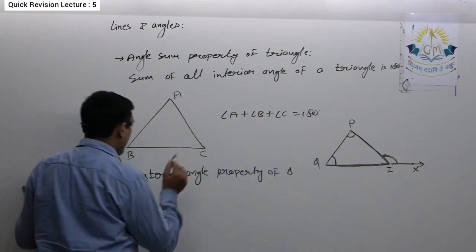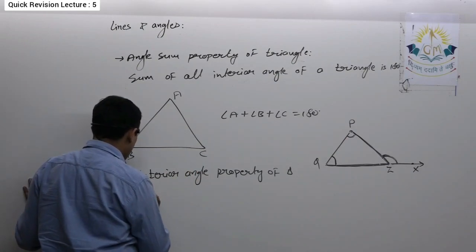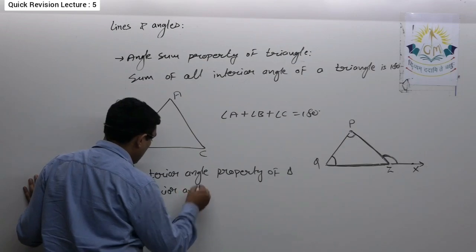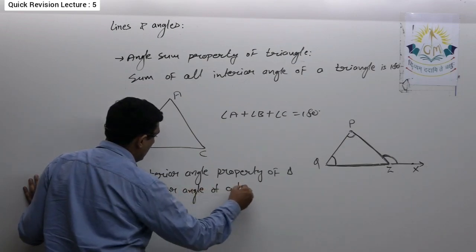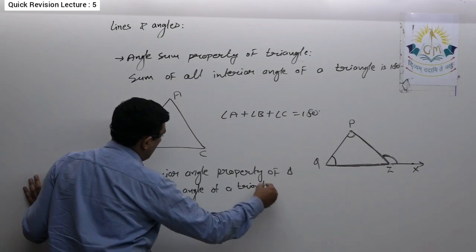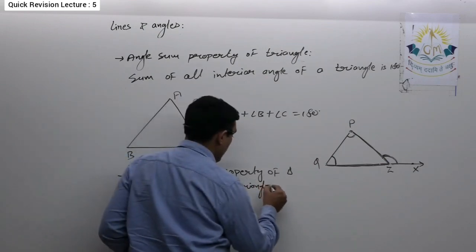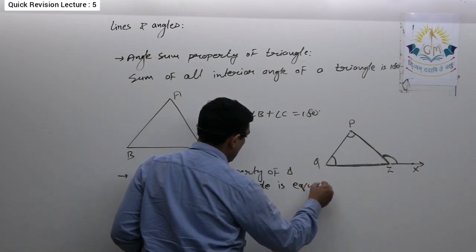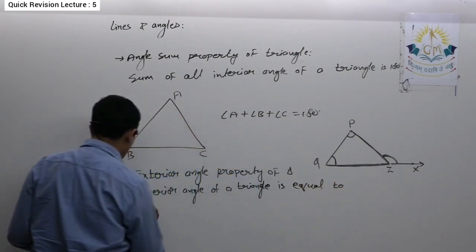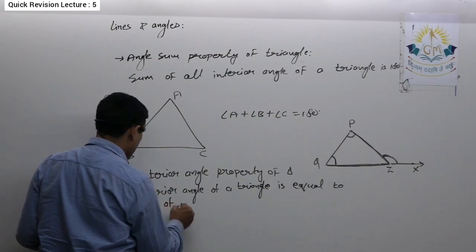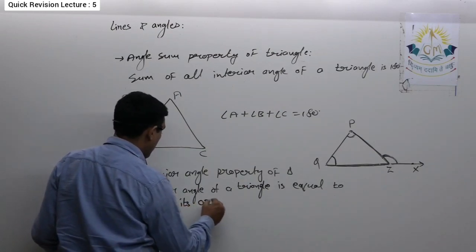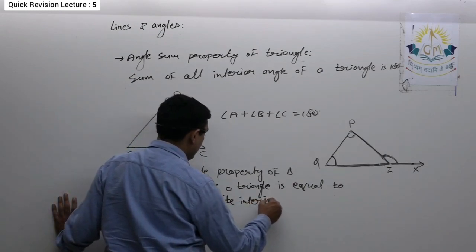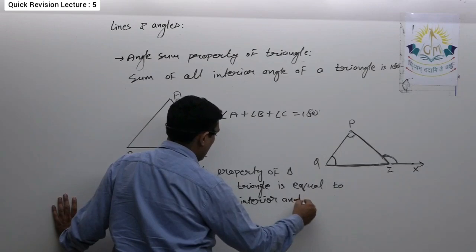So exterior angle of a triangle is equal to the sum of its opposite interior angles.